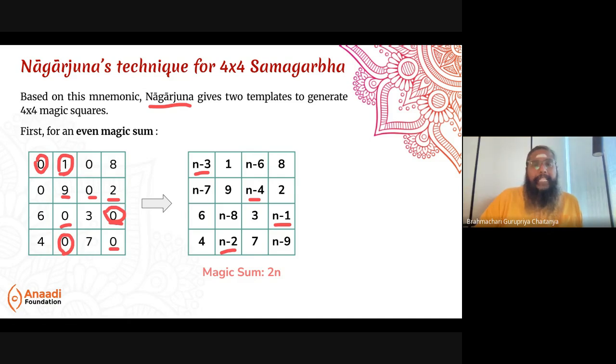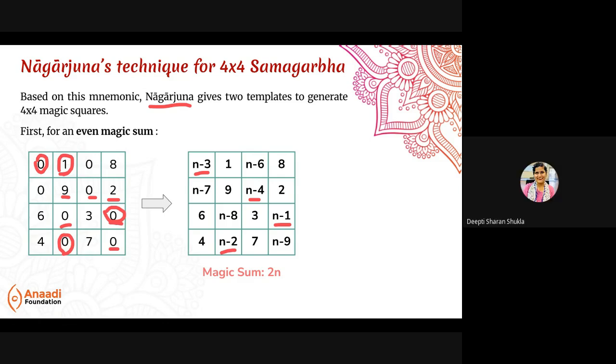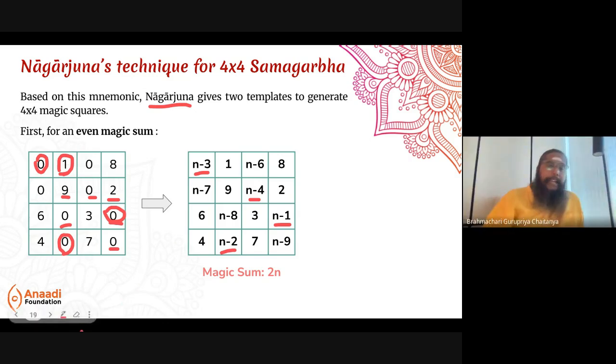Question: practically, you can see if you are going out, you don't go in that direction. Practically, there will be only one cell available diagonally across for every cell in a 4x4 grid. Yes, Deepti ji. Sometimes you are going up and left, and sometimes you're going down and right, because we have to find the diagonally across cell.